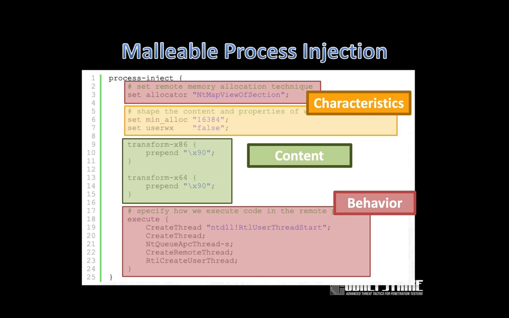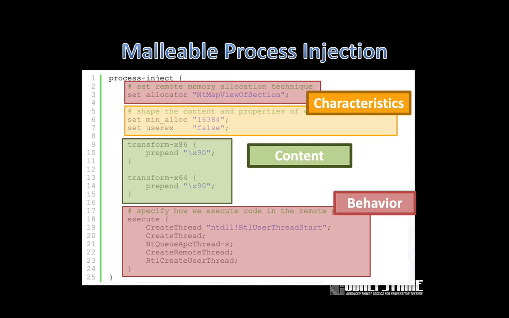Transform x86 and transform x64. These blocks can shape the content that is being injected into a remote process. And the execute block gives you a lot of control over how Beacon spawns a thread or otherwise passes execution to code that you copied to a remote process.